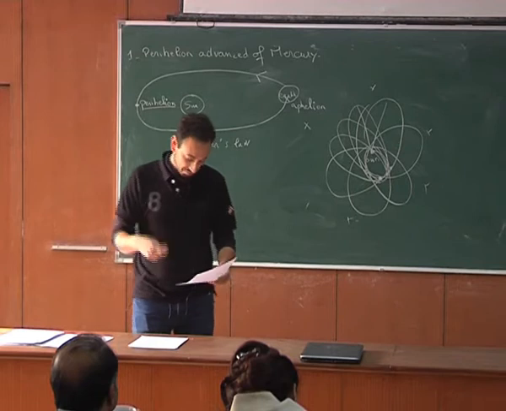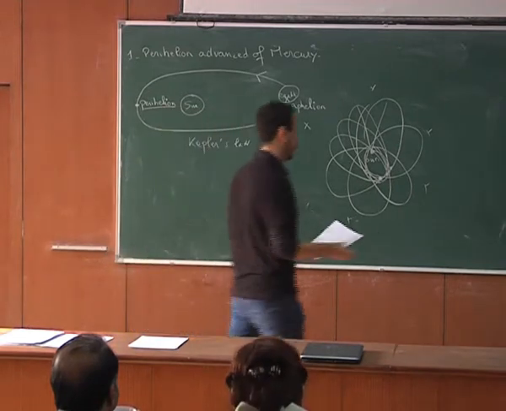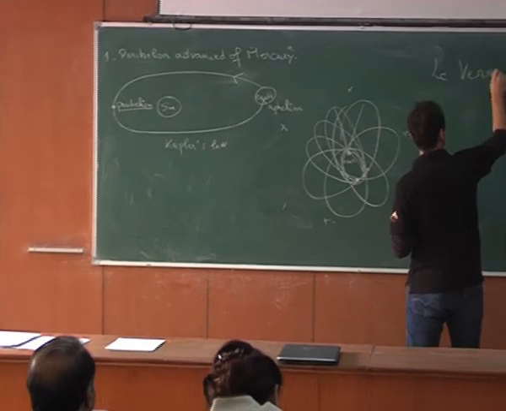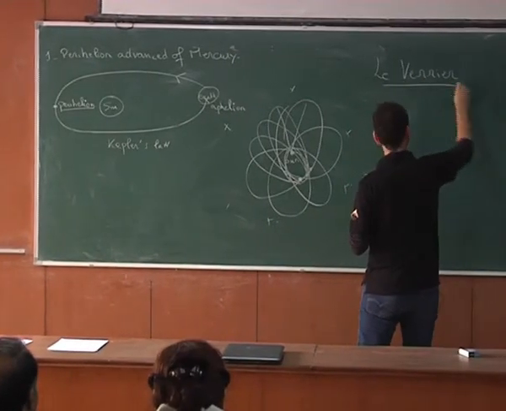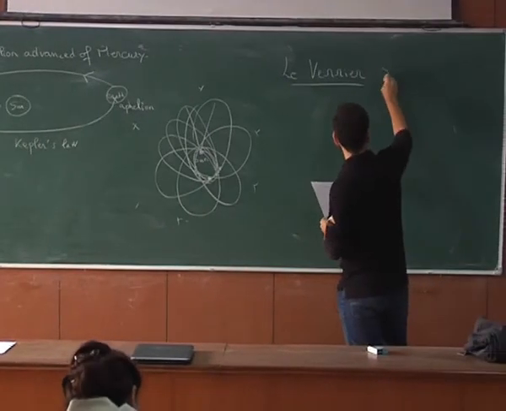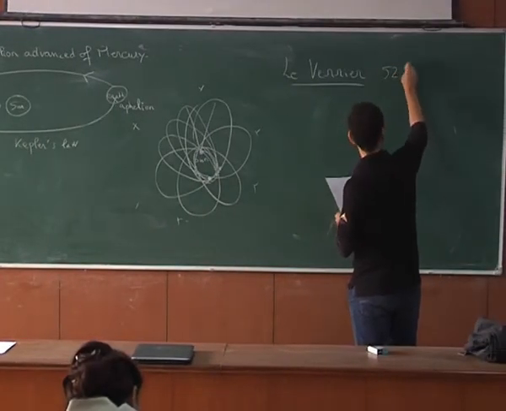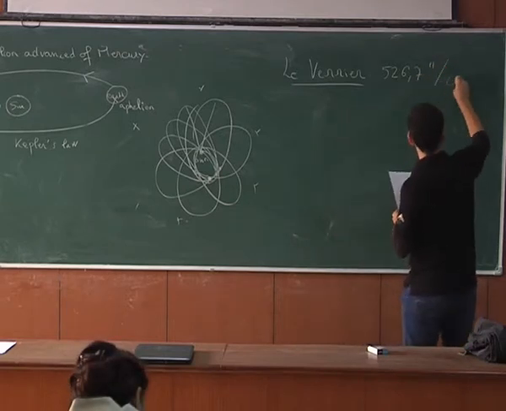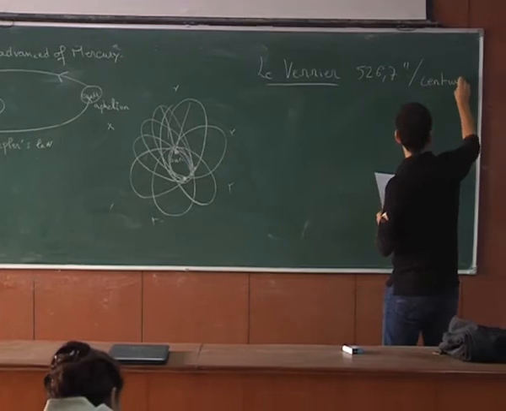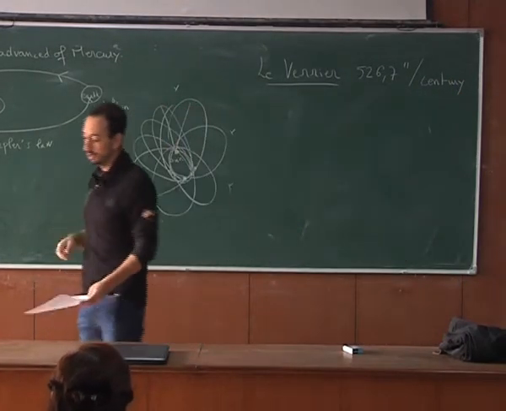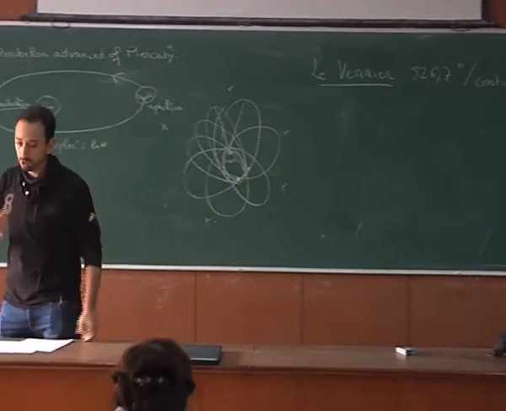Mostly it's Le Verrier who did this final work. Le Verrier did these perturbations, and he found that you get 526.7 seconds of arc per century. Of course, during 1 year, you don't have a big angle, so you have to look at it over a long time.